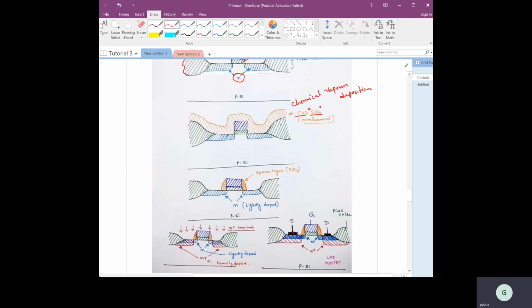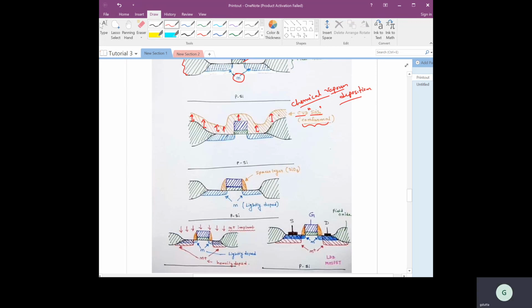But here our intention is only to deposit silicon dioxide, so we are using the chemical vapor deposition technique to deposit this silicon dioxide. One important feature of CVD silicon dioxide is that the deposited silicon dioxide will be conformal. Conformal means the thickness of this silicon dioxide will be the same everywhere.